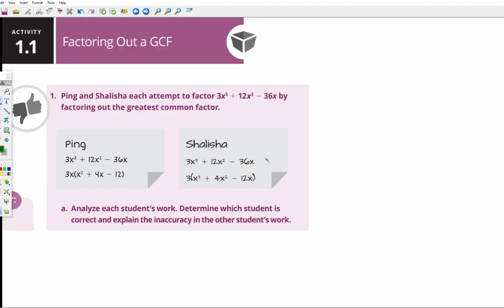Let's look at Ping and Shalisha. So they're trying to find out the greatest common factor. Who found the greatest common factor, Ping or Shalisha?